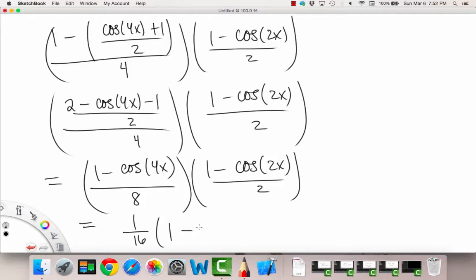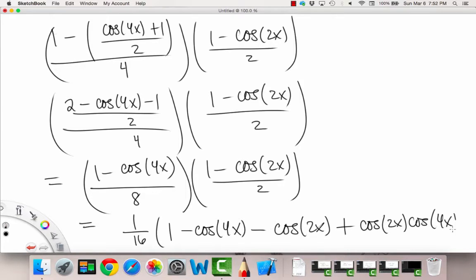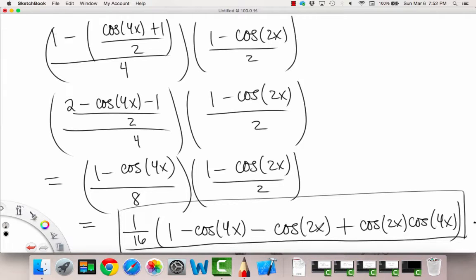And then we have 1 minus a cosine of 4x, that's the inner, minus cosine of 2x, that's the outer, and then lastly a cosine of 2x times a cosine of 4x. Okay, and you can't forget that last parentheses there. Alrighty, so that is it. That's how we reduced our cosine squared x times sine to the fourth x into sines and cosines, well in this case just cosines. It ended up being to the power of 1.